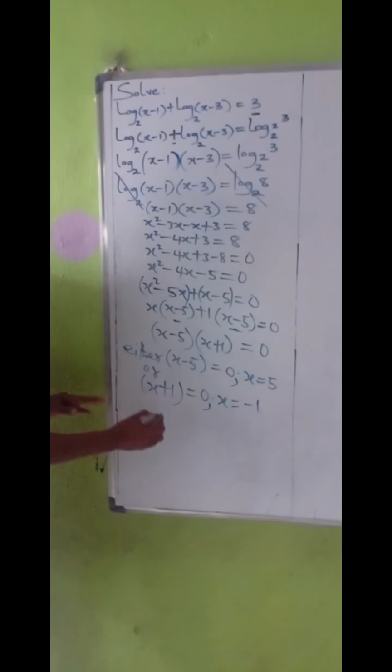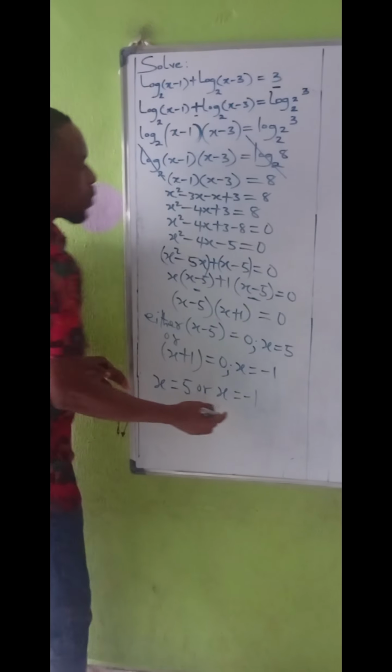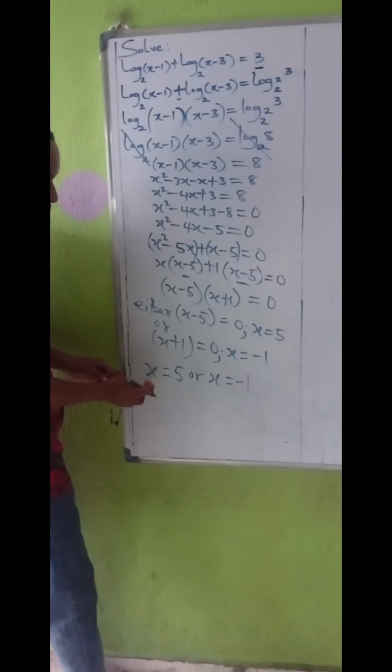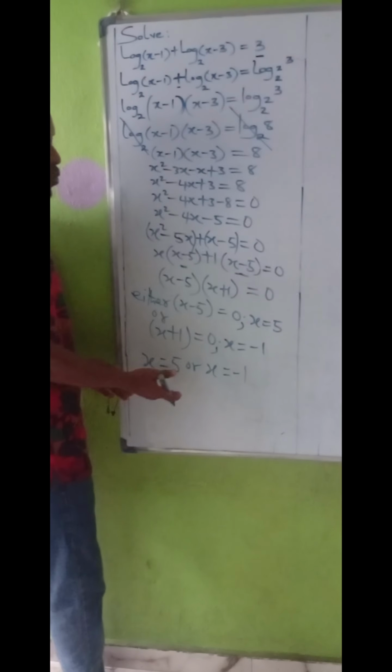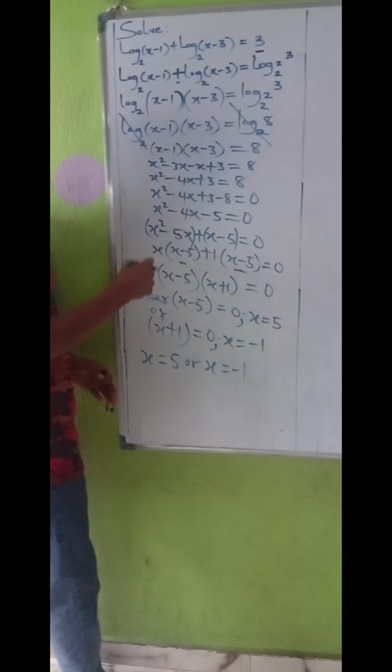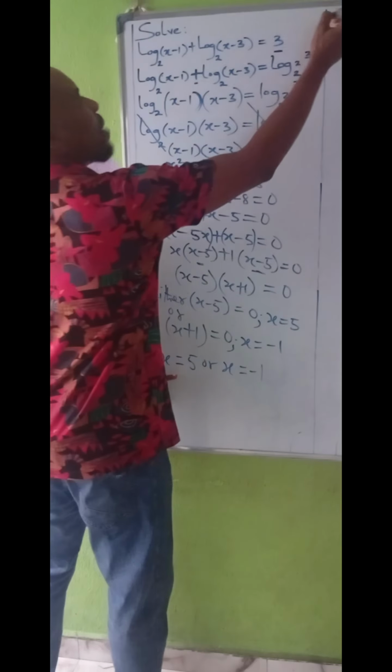So we have two possible answers: x is equal to 5 or x is equal to minus 1. Now we are going to substitute these answers into the main equation and check which of them satisfies the equation. So let's use x equal to 5.